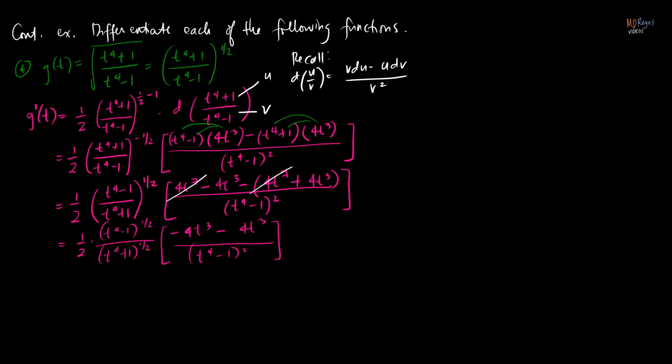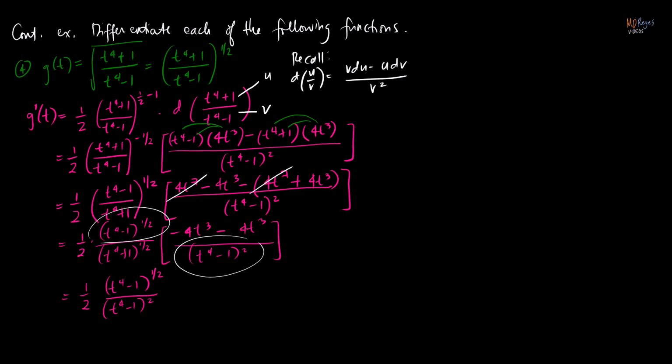So we can combine this and this. Okay. So combining those two, we'll have 1/2. That's actually t to the fourth minus 1 raised to 1/2 divided by t to the fourth minus 1 squared.